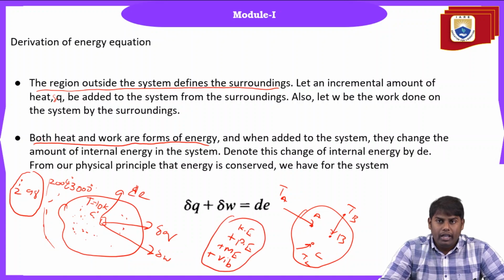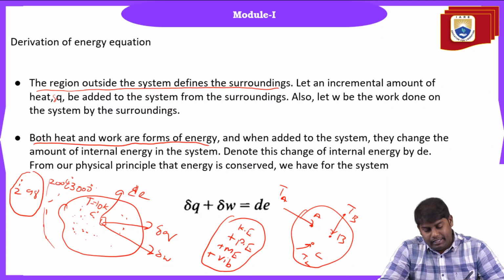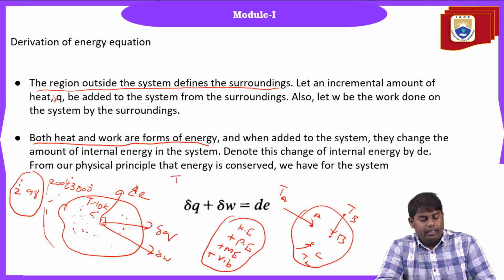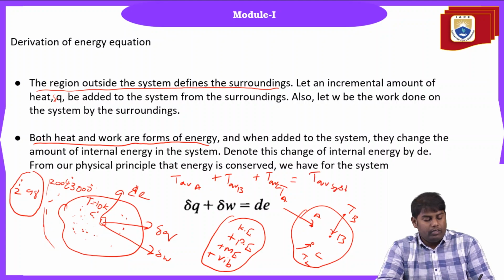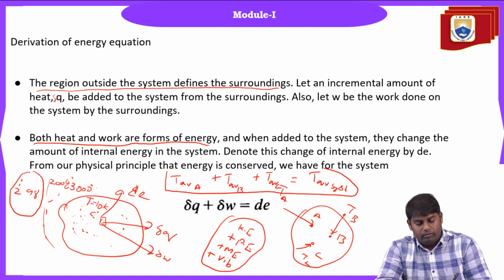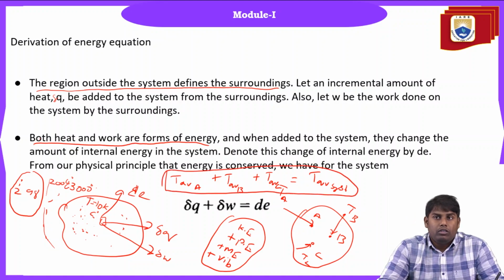When we apply heat, these energies change, and when we do work on the particles, they also change. Whatever changes happen at points A, B, C, we take the average. Let's say T average at A plus T average at B plus T average at C gives the total T average of the system.